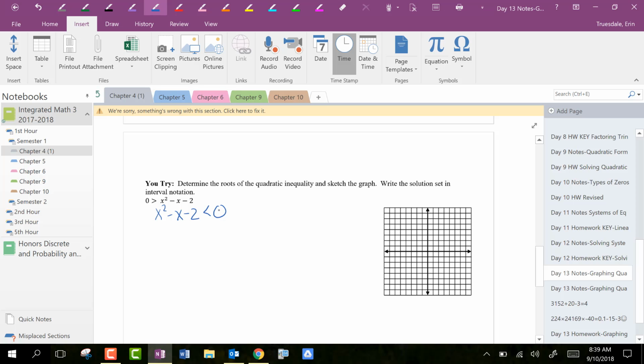Okay, everything's on the correct side for me now, so I'm going to factor it. It factors into what? Multiplies to negative 2 and adds to negative 1. There's only 2 things that multiply to 2.